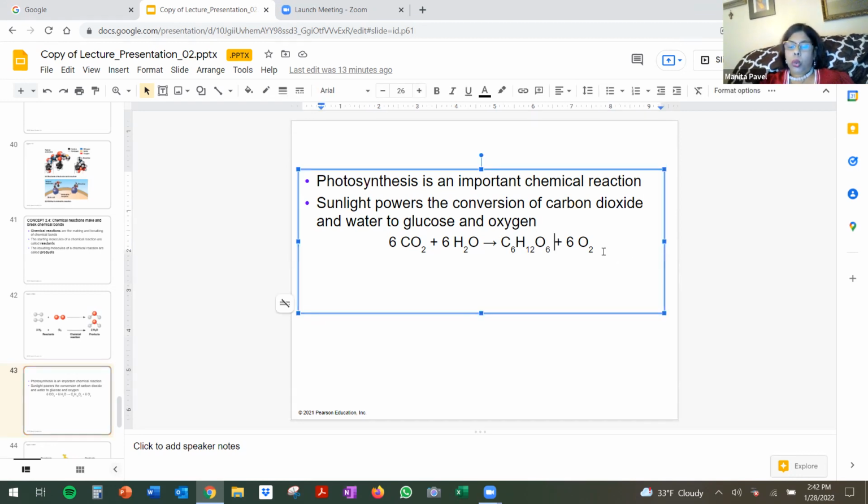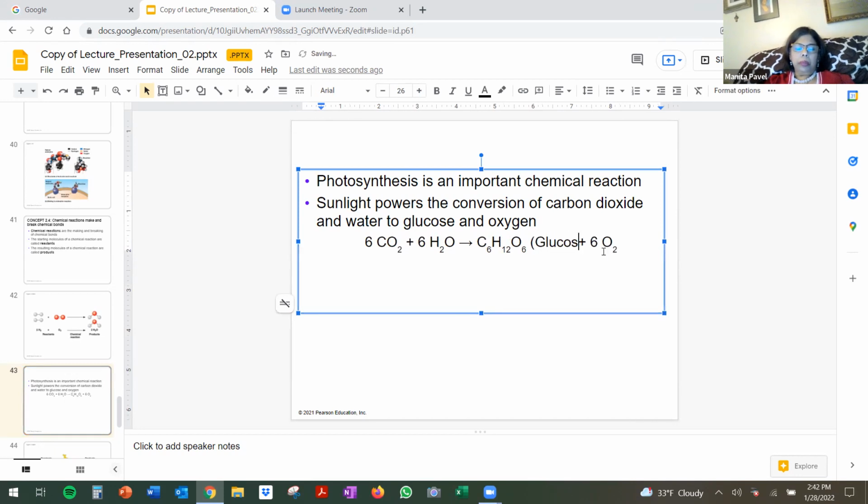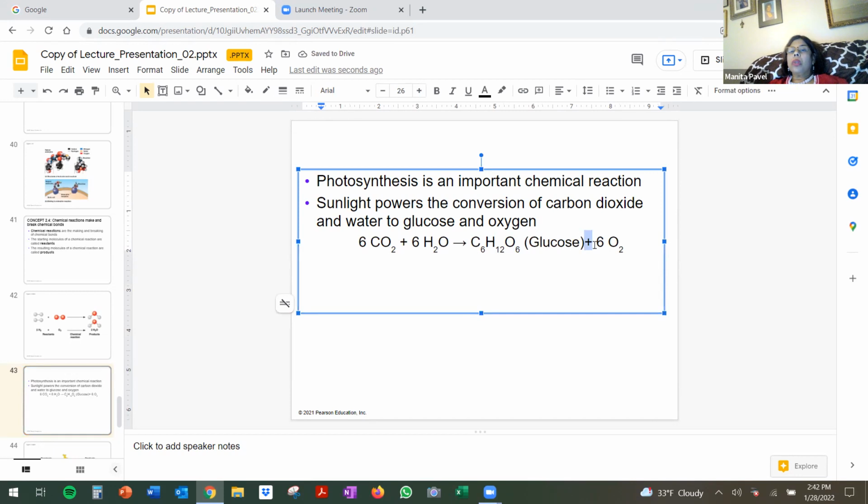I'm going to put glucose in parentheses here. And glucose is the energy providing molecule in photosynthesis, and oxygen gas is released. Therefore, plants are called producers because they manufacture their food.